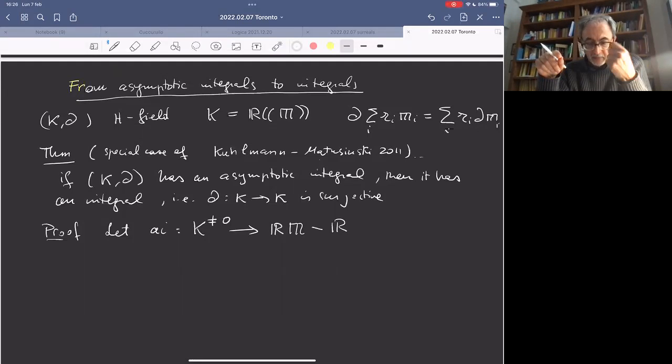So you may decide that the values are just the real numbers times the monomials, and it is not going to be a real number because the derivative of the reals, we are assuming, is 0, and here we are taking k different from 0, right? So we have an asymptotic integral such that x is asymptotic to the derivative of its asymptotic integral for all x.